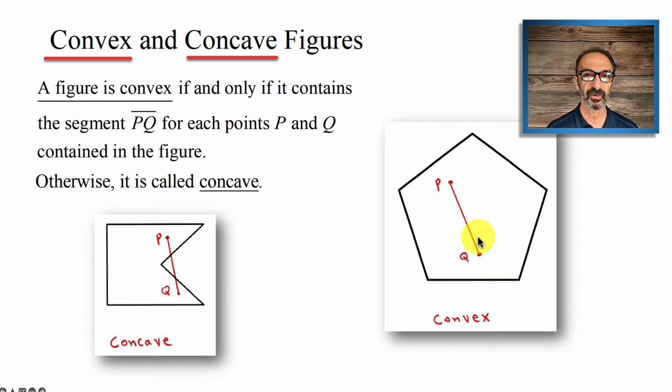As you can see, it contains every single point of that segment PQ for each points P and Q contained in the figure. So if you pick any 2 points inside and you connect them, you're going to stay inside. Otherwise, it's called concave. Here it works when you are on this side, but doesn't work on this side. As you could see, you are going outside of the figure.